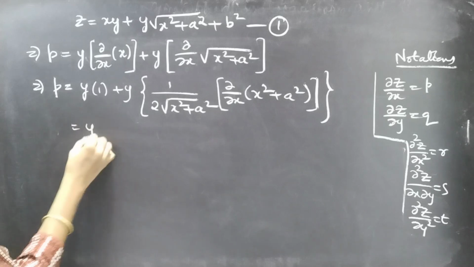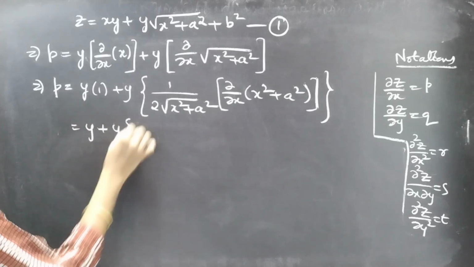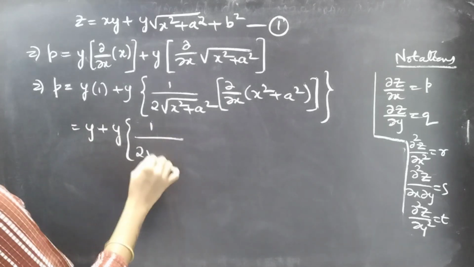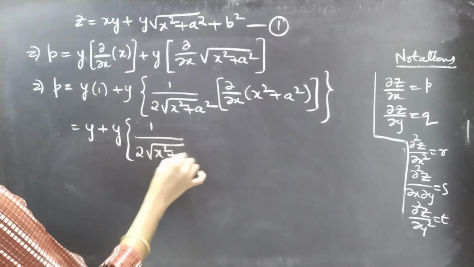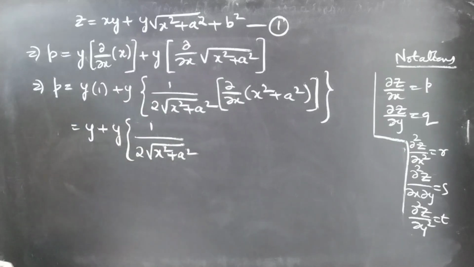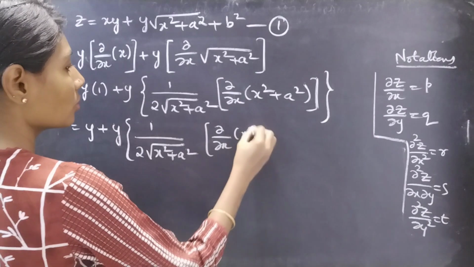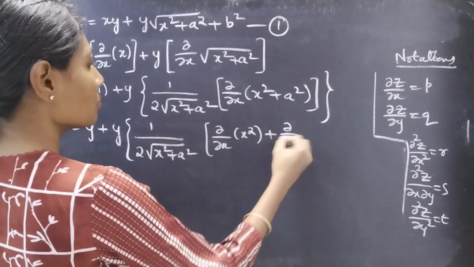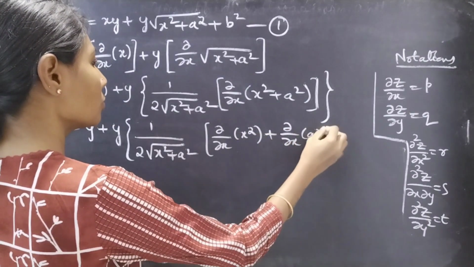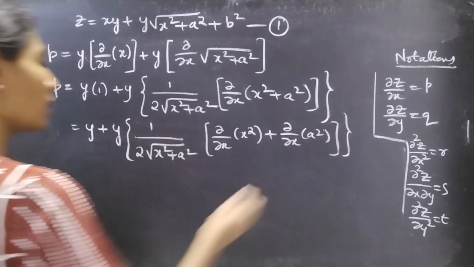This gives us y plus y into 1 by 2 into square root of x square plus a square into partial derivative of x square with respect to x plus partial derivative of a square with respect to x.